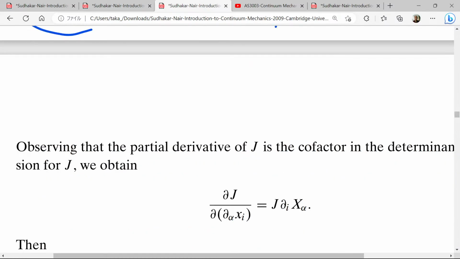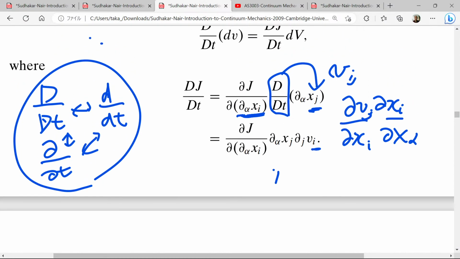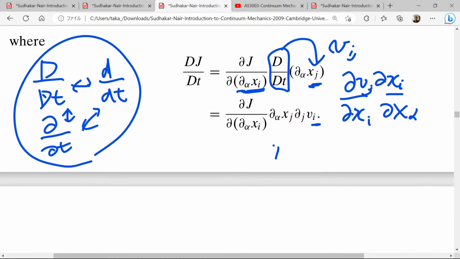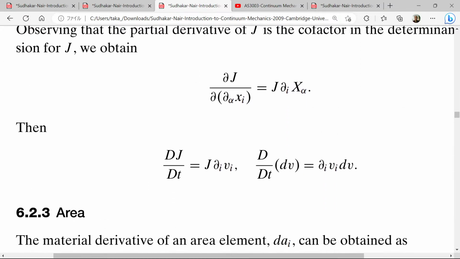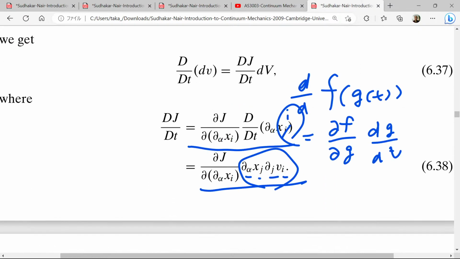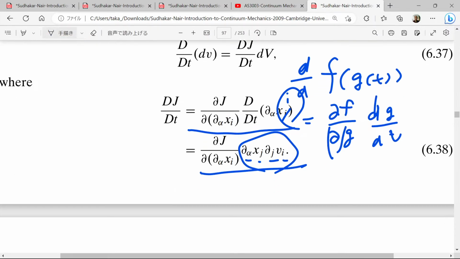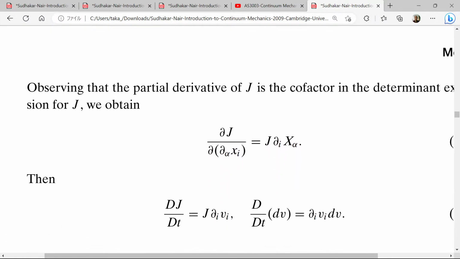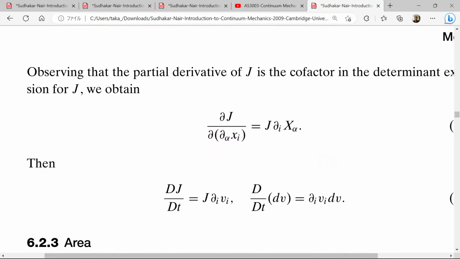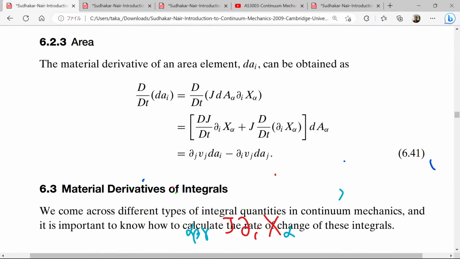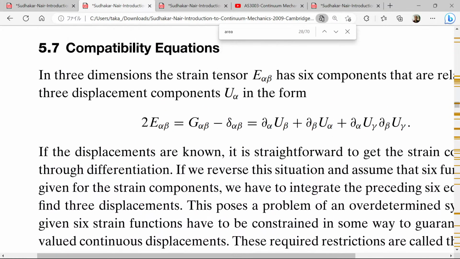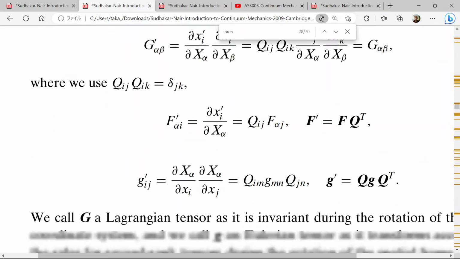I think there was a page. I forgot. No. Partial I x. Let me see. Go to this page.